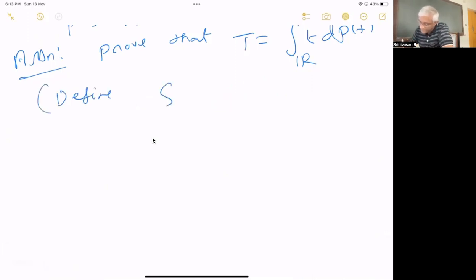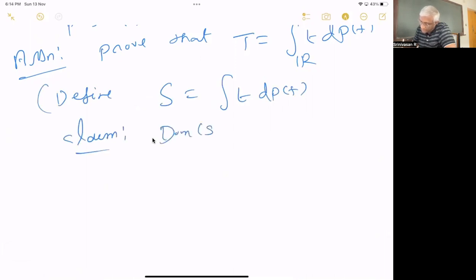Define S equal to the integral of t dP_t. You already have P prime, and you got a P. Then the first claim is that the domain of S contains the domain of T. We want to prove that T is contained in S.